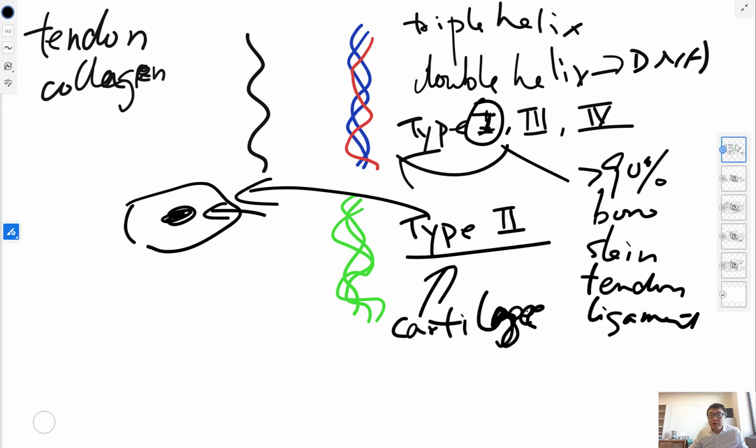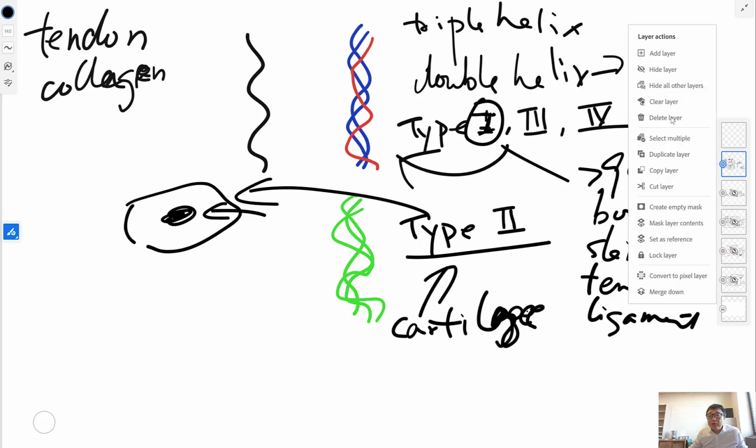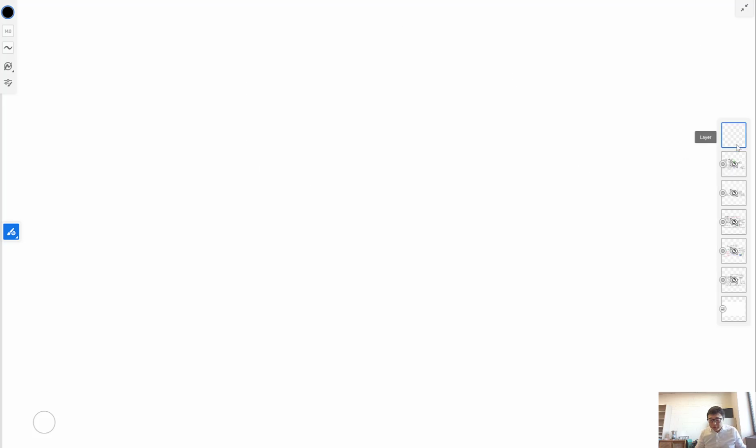And next, let's talk about the tendon. In the tendon, you have the collagen fiber, and collagen fiber is normally 300 nanometers long.